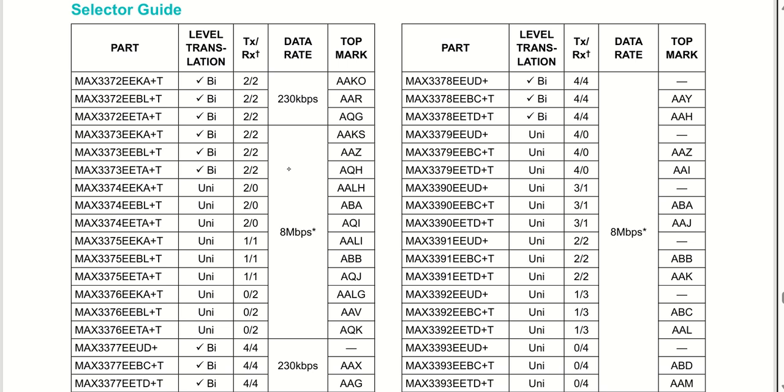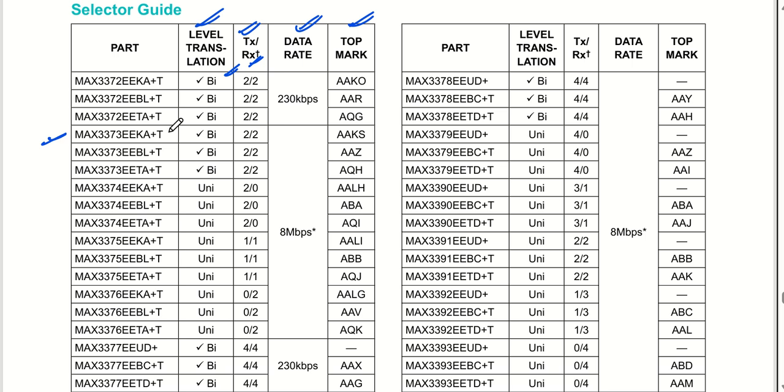So let us see what the direction is, whether it is bidirectional or unidirectional. That's the same thing I told you. We have how many transmitters and how many receivers there are. So basically, if you have bidirectional, both are transmitters and both are receivers, and they can work at a certain data rate, and there is a top marking. Very nicely you can see that we have 3373 EEK8T.